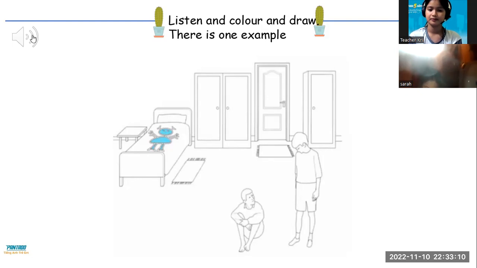1. There are 2 cupboards in the room. Can you see them? Yes, a big one and a smaller one. I want you to colour them. What colour? Colour the big cupboard green and the smaller one yellow. Okay.